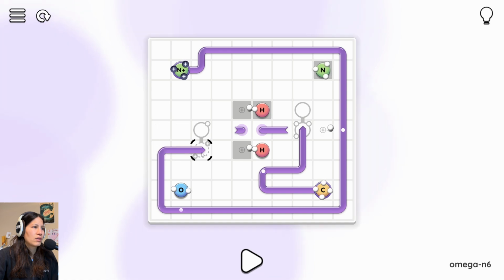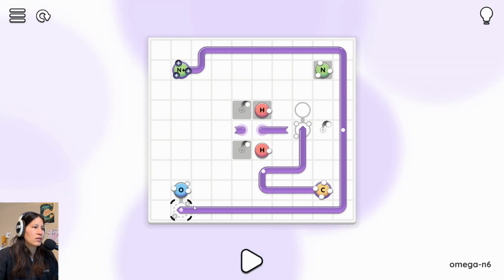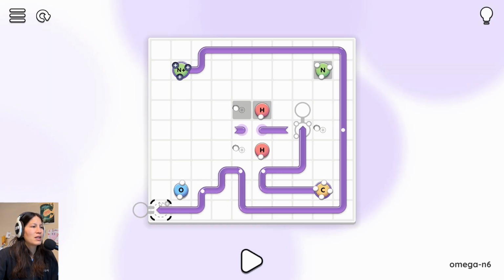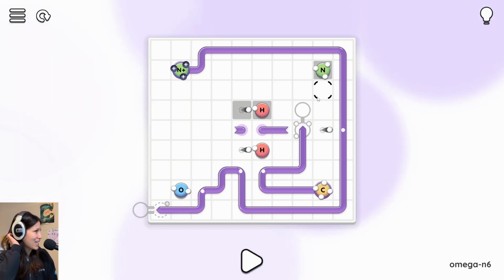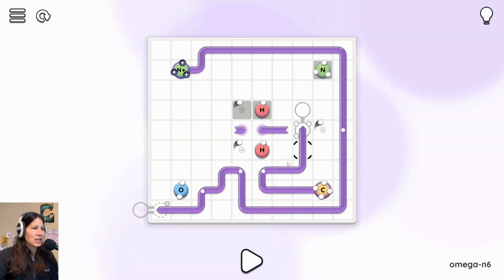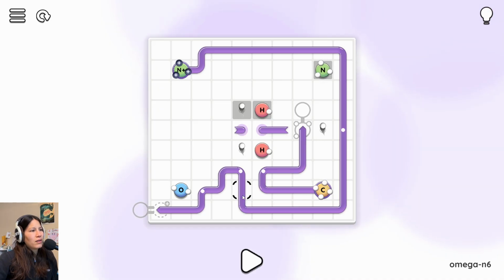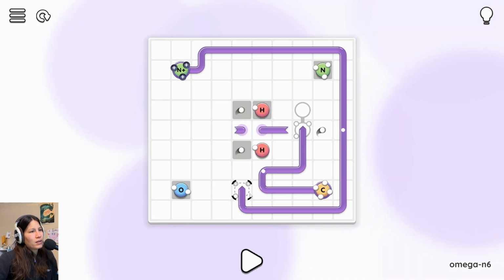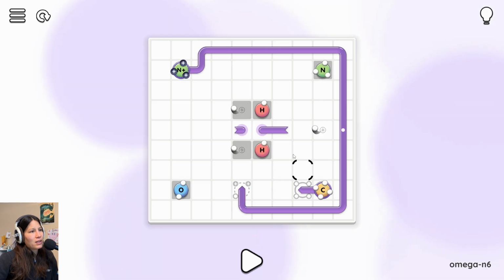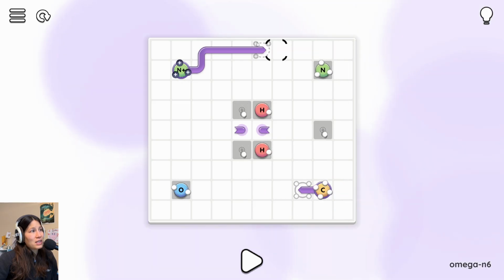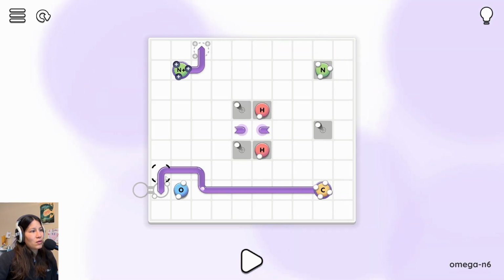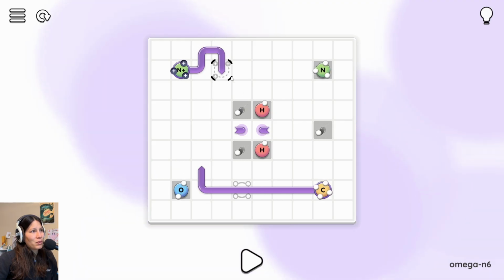What if I go around, get... No. No. I'm not sure if I can pick up all three and not get the O and have the C get the O. Right? Like, okay. If I try to get the C, let's try connecting the C to the O. And then see if I can pick up all three.